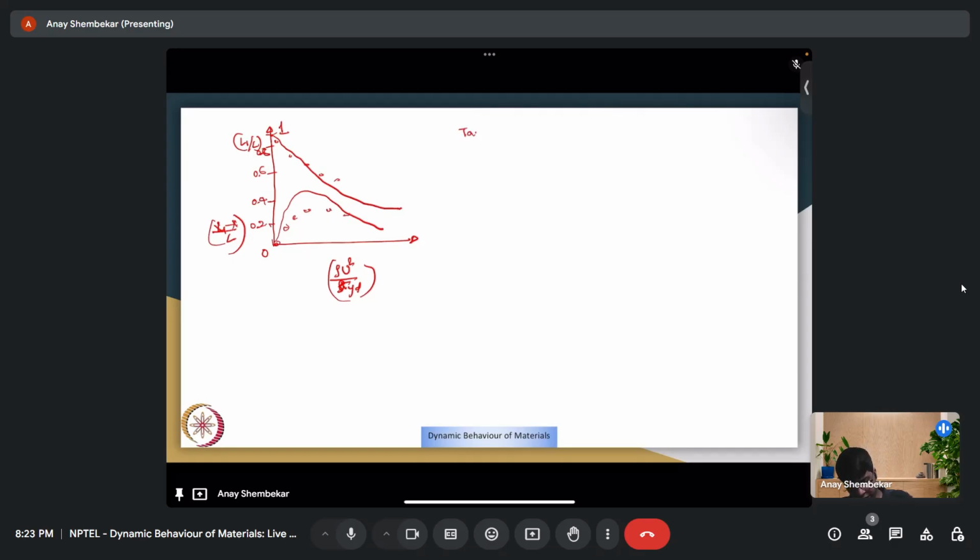So from Taylor's analysis of the experiments, we get that when rho u square by sigma yd is small, particularly say less than 0.5, then you have a good match with experiments.